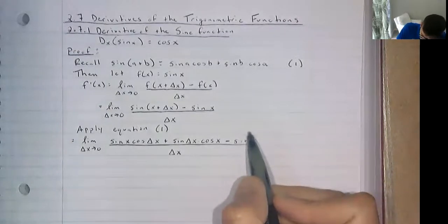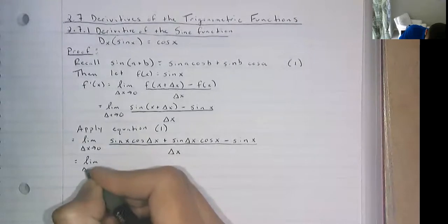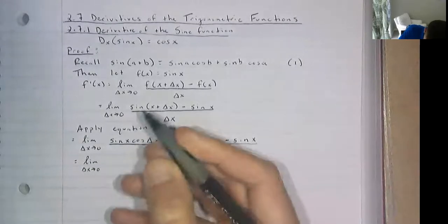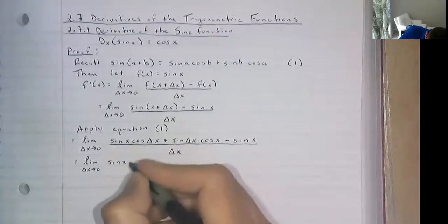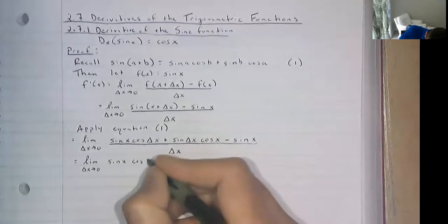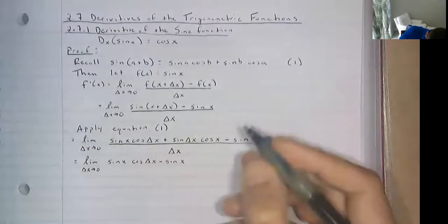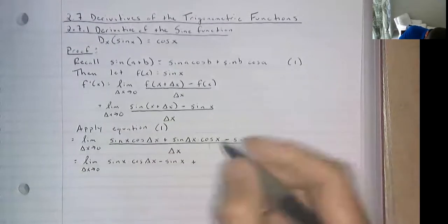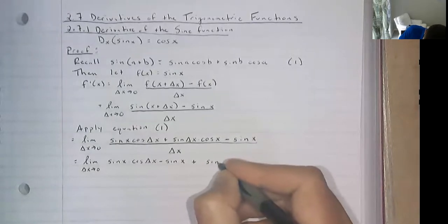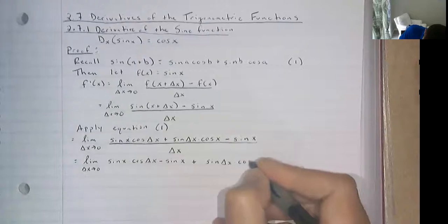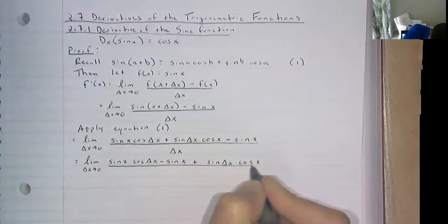We're going to take the limit as delta x approaches 0 of the sine of x times the cosine of delta x minus the sine of x plus the sine of delta x times the cosine of x, all divided by delta x.